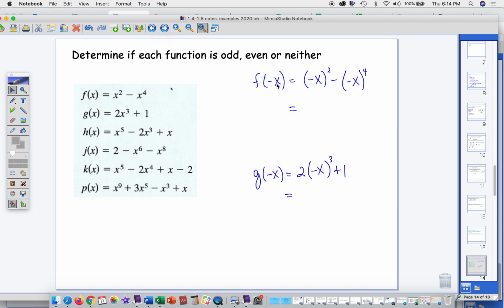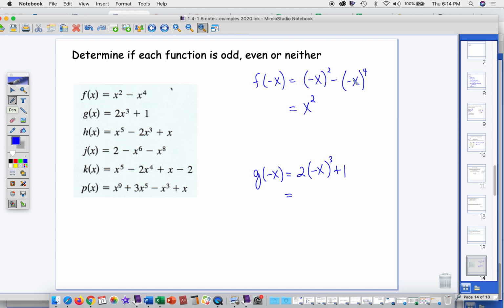So what we're basically going to do is plug -x into the function. You do not want to just use a value here, because if I say, well, I'm going to calculate what's f of -1, that really only tells me about f of -1. Right? We want to generalize, so we're using f of -x. So if I plug -x into both terms, when I square that, I'm back to a positive x squared.